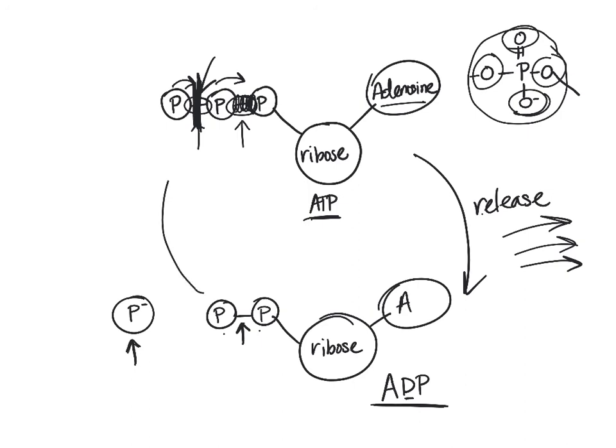Then we can go in and through another process, we can put energy into the system. That's what we do when we eat food, for example. We take glucose and we take the energy that's stored in a glucose molecule, and we use it to attach this third phosphate again. So this part requires energy. So this is a release of energy over here.